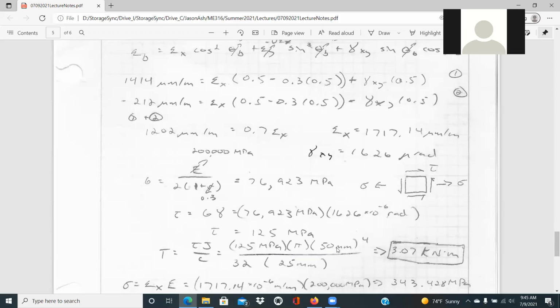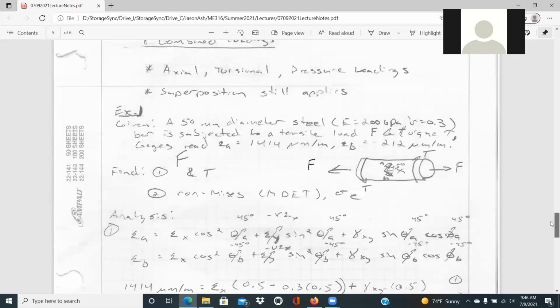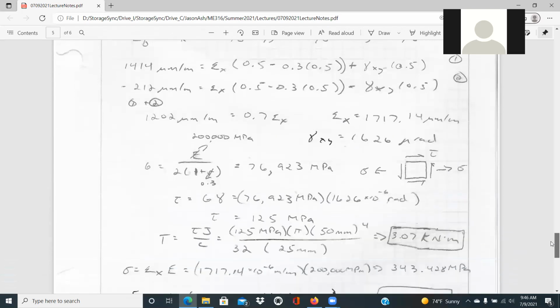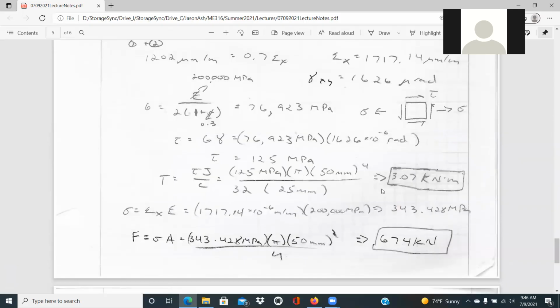J would be pi d to the 4th over 32. And C would be 25 millimeters, the radius. That will give us, I simplified this in terms of units.